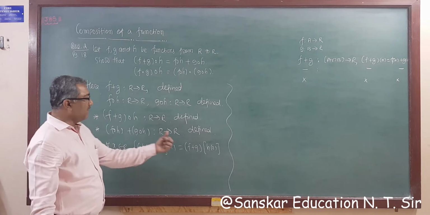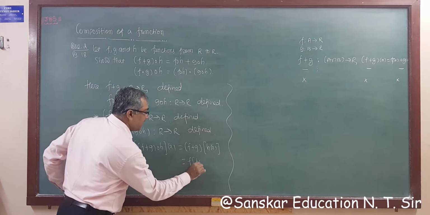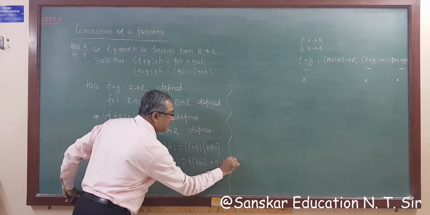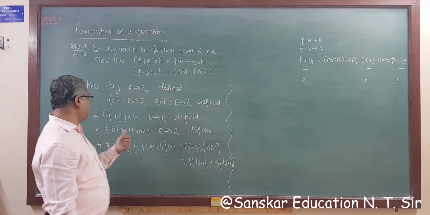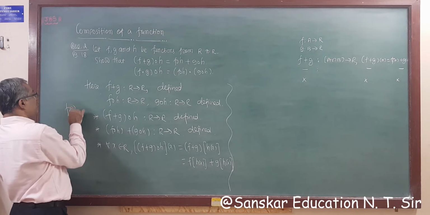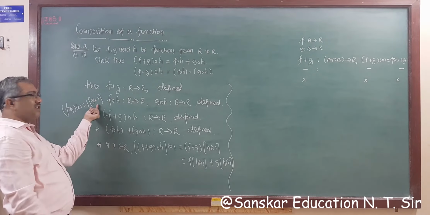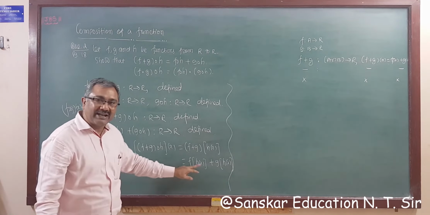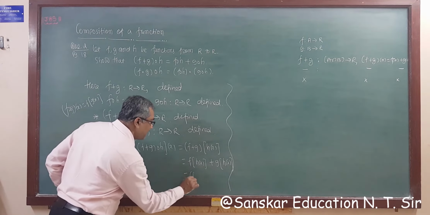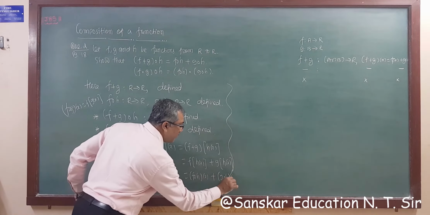So our answer is f of h x plus g of h x. Now f over g of x is defined as f of g x, that you know. So f of h x is f over h of x, and g of h x is g over h of x.